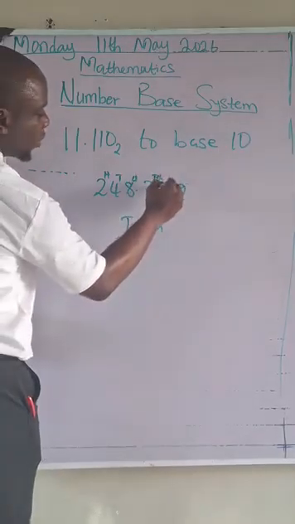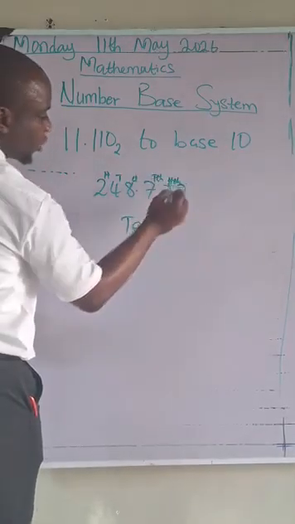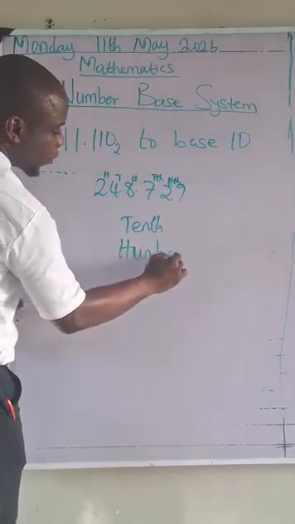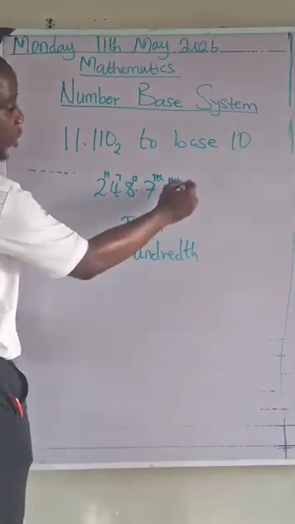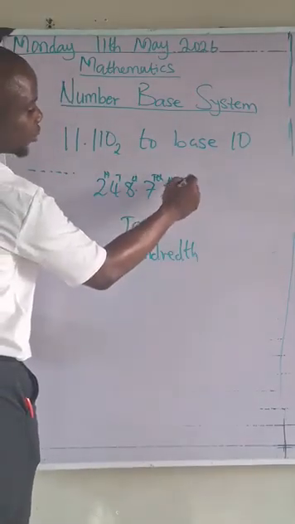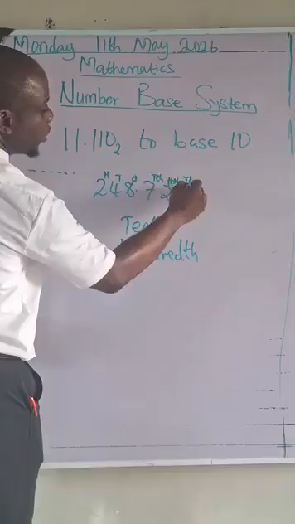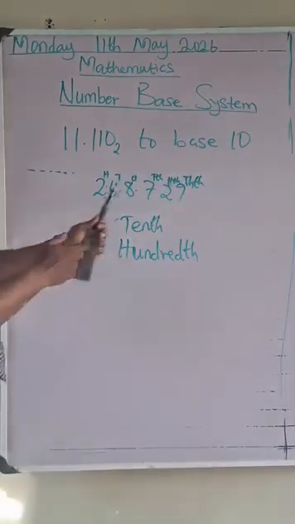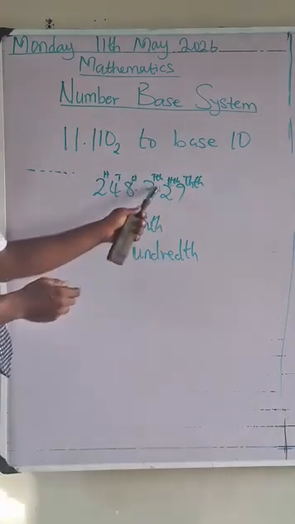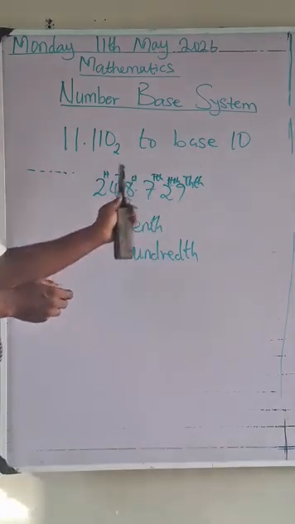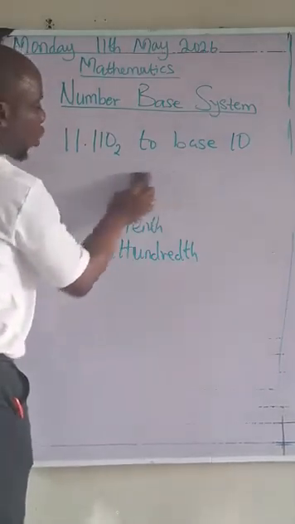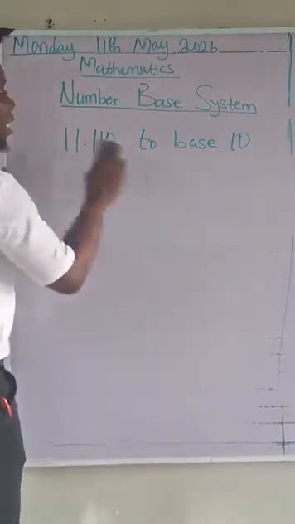The next one is the hundredth. The next one becomes the thousandth. This is what it means. You see, the formation changes. This one now is no more the same as this. The same thing happens in binary, or in any number system, with any number that has a decimal value.